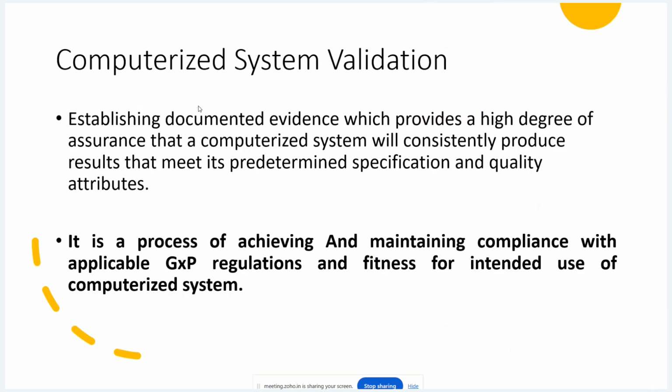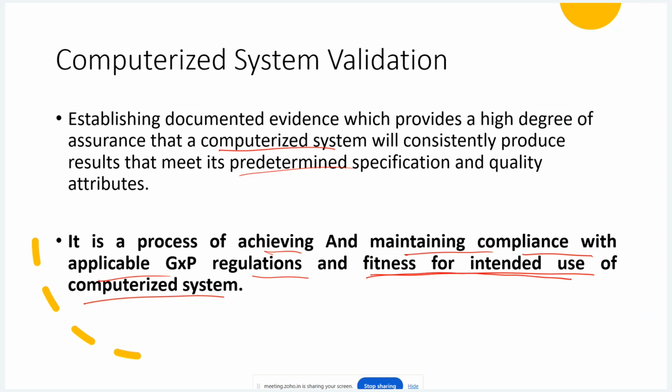Utilizing the same concept in the field of computer systems, we are trying to achieve the same result again and again with the help of computerized systems. So the actual definition is: it is the process of achieving and maintaining compliance with the applicable GXP regulations and fitness for the intended use of the computer systems. In short, by doing the validation of the computer system, we are trying to ensure that my system is fit for the intended use.